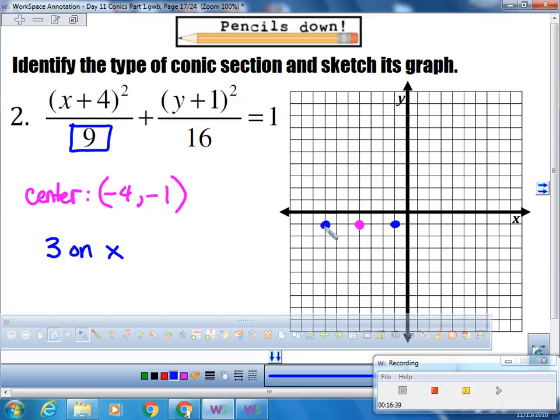On my y-axis, I'm going to go out 4. 4 on y. So 1, 2, 3, 4. 1, 2, 3, 4. And then I just, yikes. If this was a negative sign, I'd be making a slope box, asymptotes, and drawing branches.